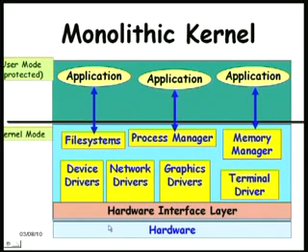We called it the BSP last time, board support package, and these interact with the hardware. Then the applications run in user mode or user space, but they can make system calls to access the operating system services.